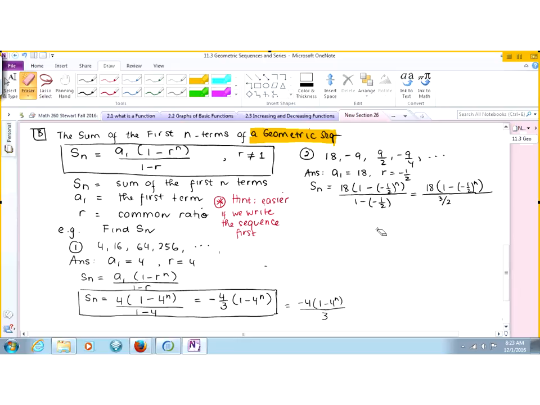So 18 divided by 3 over 2 is equal to 18 multiplied by 2/3, which is 12. So this is 12 times 1 minus -1/2 to the n.